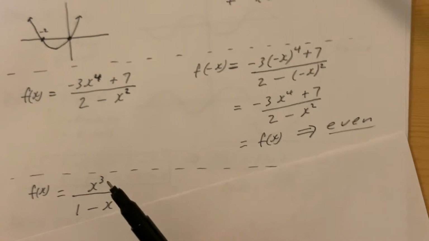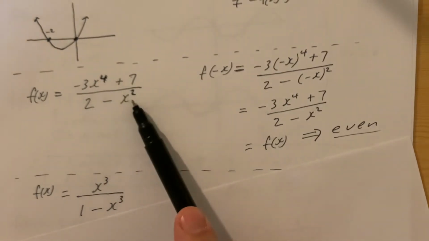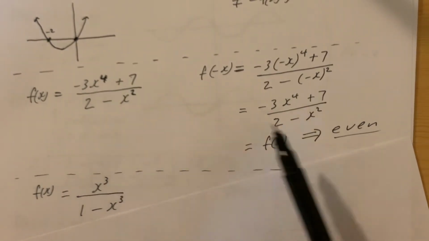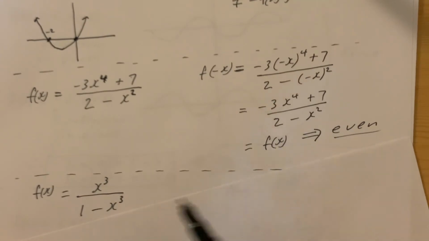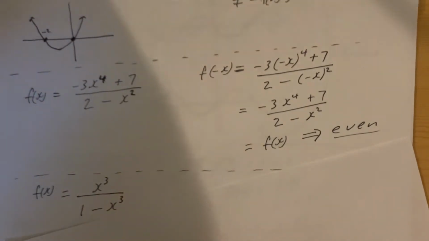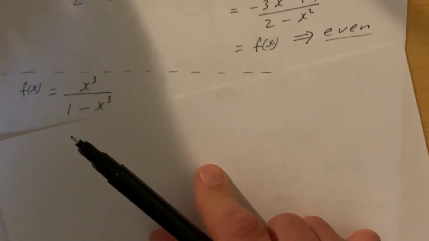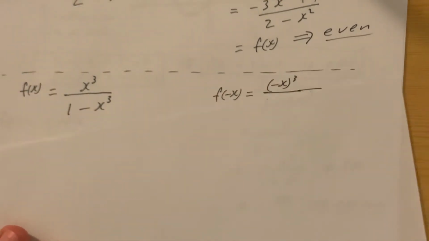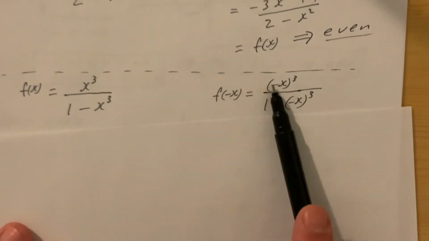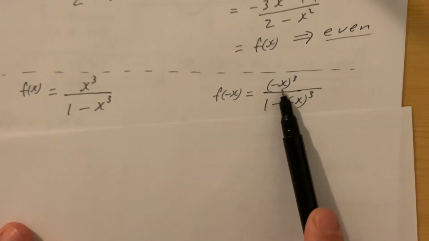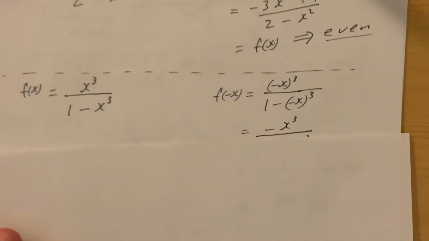If we notice this one above, we had only even powers in it, and it worked out to be an even function. Well, what if we have only odd powers? You might want to pause and try this and see what you get. For this one, when you put negative x in, when you cube negatives, you get negatives.